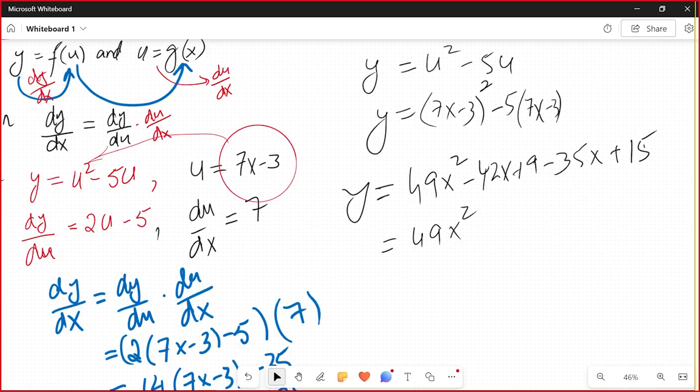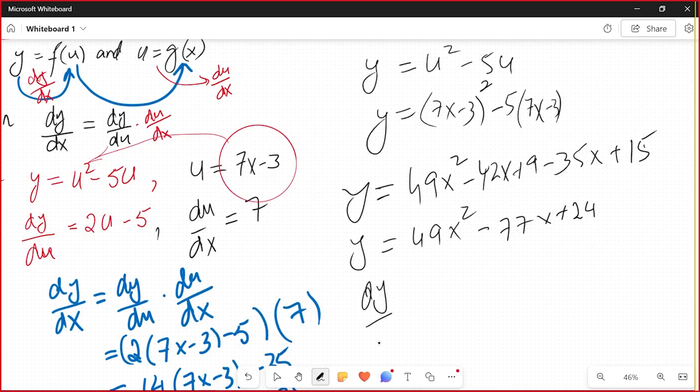Now we try to simplify. Minus 42x and minus 35x becomes minus 77x. And plus 9 plus 15 becomes 24.